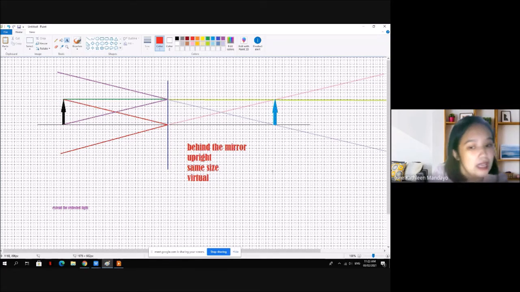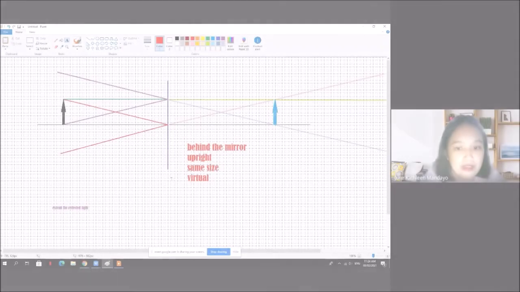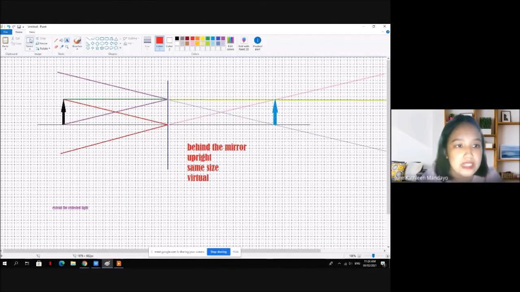And then, as how you look in reality, that is how you look in the reflection or in the mirror. So, kung gaano ka katangkad, kung gaano kalaki yung mukha mo, gaano katangos yung ilong mo, that should be the same. Okay, so that is manifested here, same size, and then it is virtual. So, yung nakikita natin na image, parang nasa kabila siya ng salamin. Okay, so please take note of these characteristics.